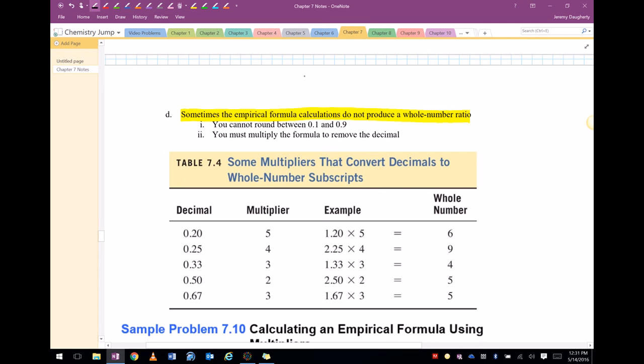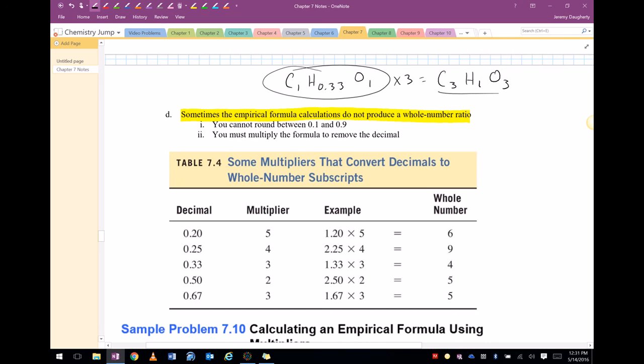Maybe you'll get something like, and this is completely made up, 1 carbon, 0.33 hydrogens and 1 oxygen. Well, we can't have 0.33 of hydrogen. So we have to multiply this whole thing times 3 so that we get C3H1O3, which is a made-up compound, but you get the idea.